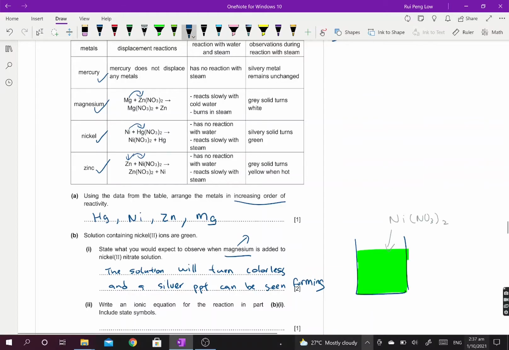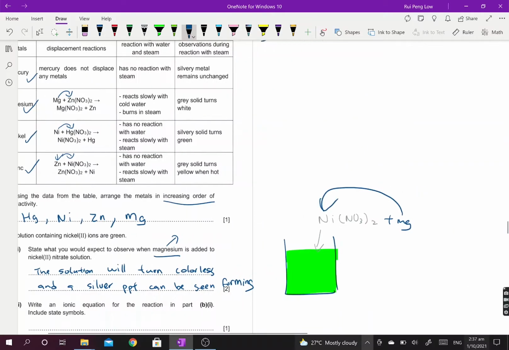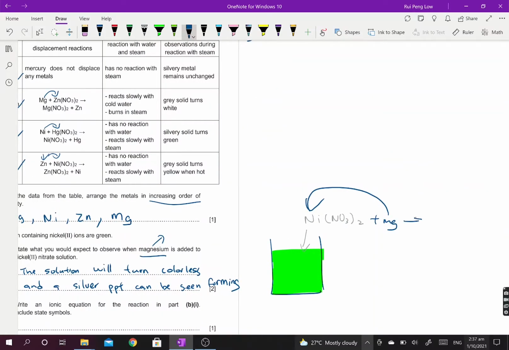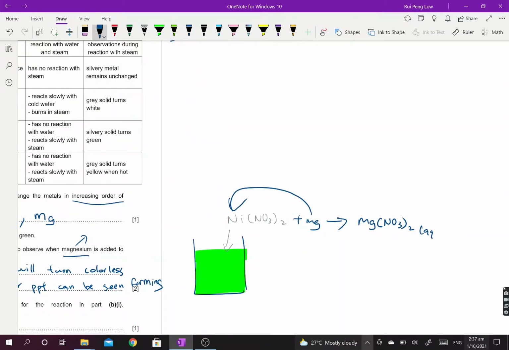Now when you add magnesium, magnesium will displace this, so hence this is a displacement reaction. You get a solution like this, aqueous, plus nickel solid.